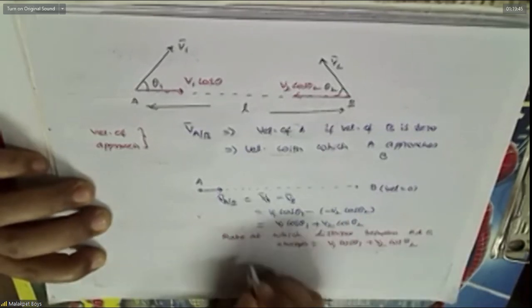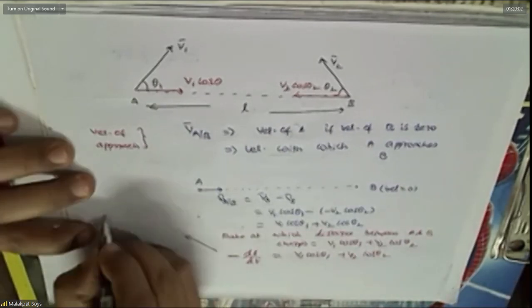This is nothing but the rate of change of distance. I'll take a negative sign. Can you tell the reason? Why did I take this negative sign? Negative sign is taken since L decreases with time.